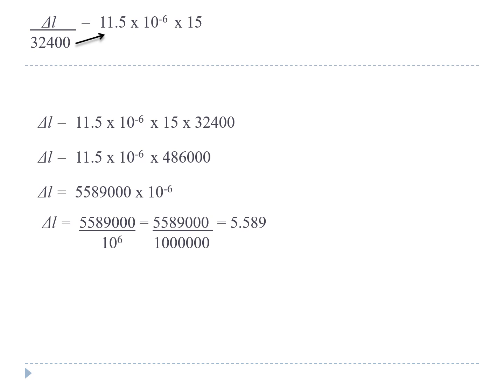It was minus 6, it has become plus 6 now. Now you are simplifying it. I have got a number which has 6 zeros in the denominator. My numerator also has zeros, so the zeros will cancel out. 3 zeros in the numerator cancel the 3 zeros in the denominator.